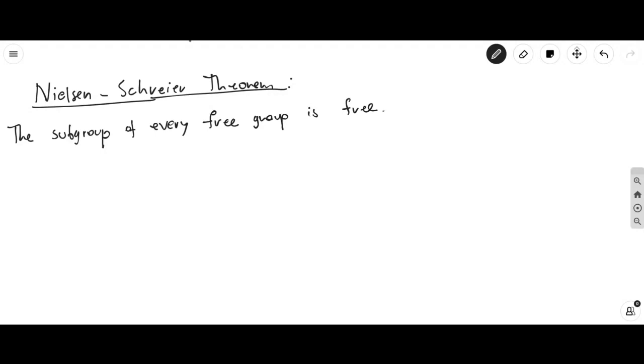And I know what you're thinking. You're all thinking to yourself, how is this not obvious? If the entire group is free, why would it not mean that the subgroup is free? You have a smaller collection of objects.